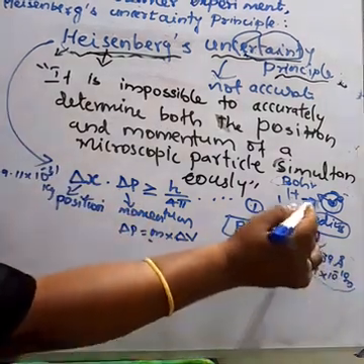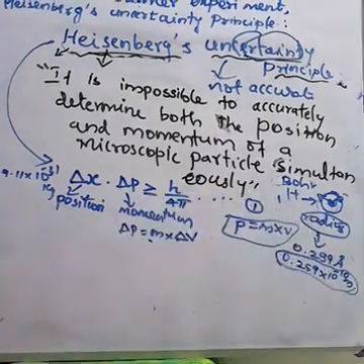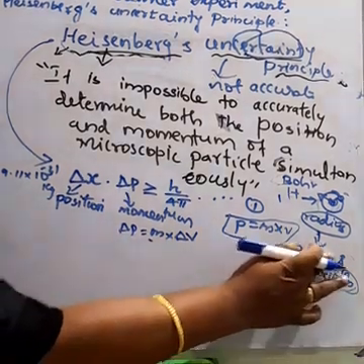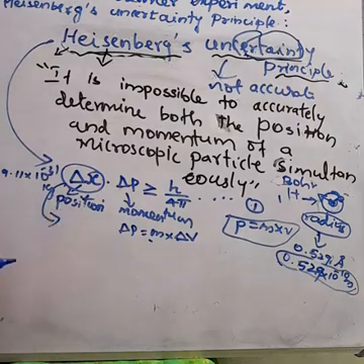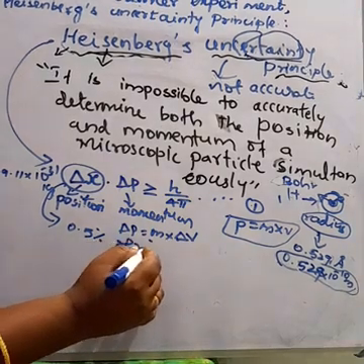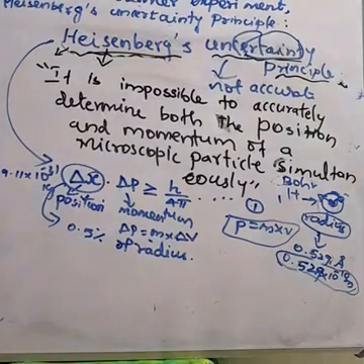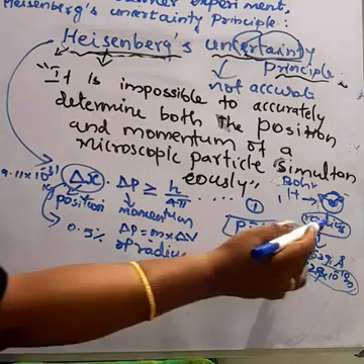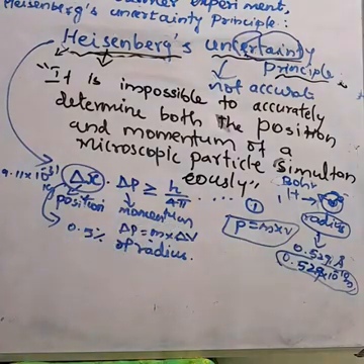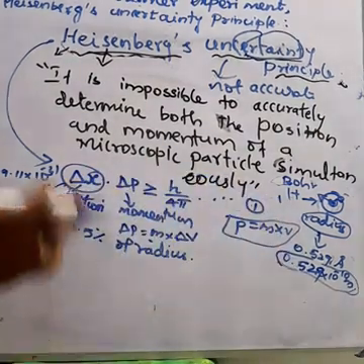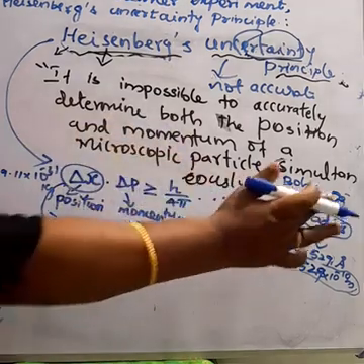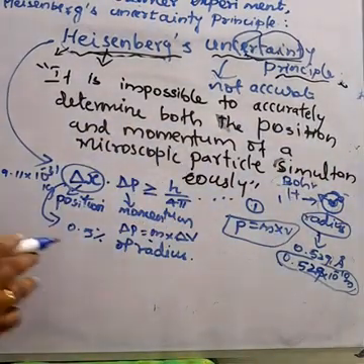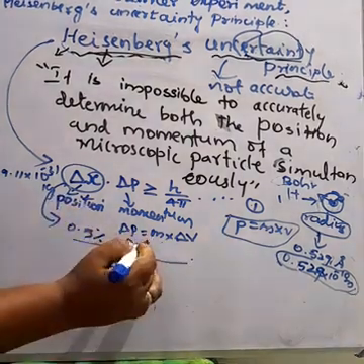Only assume. Bohr already determined the radius of the orbit of the hydrogen atom as 0.529. From this radius, Heisenberg assumed the position of the electron in this orbit, where the electron revolves, with 0.5% accuracy. That is a very low percentage.